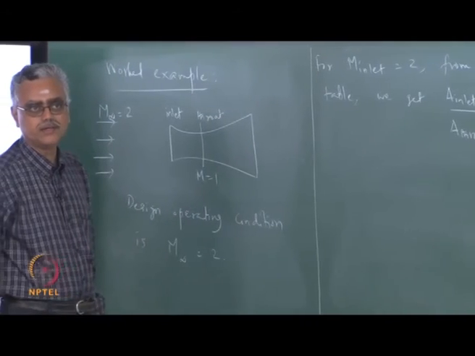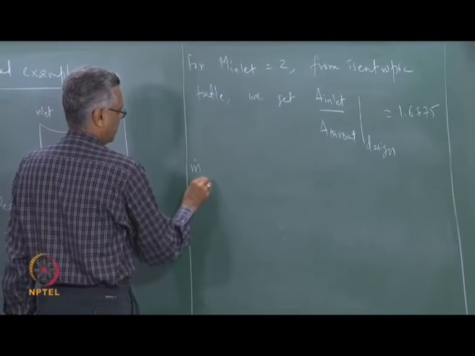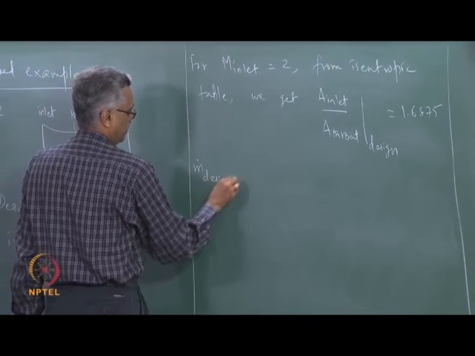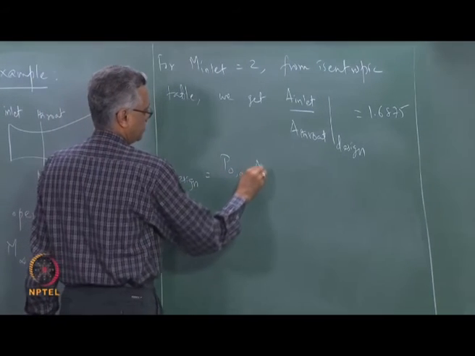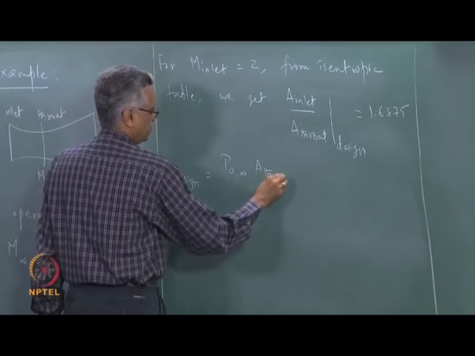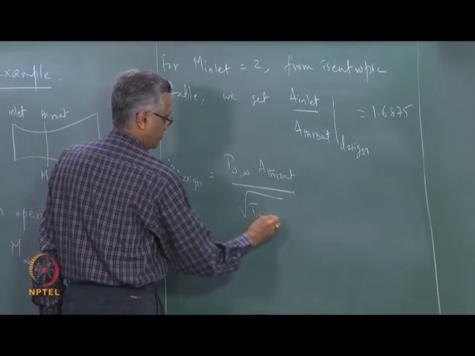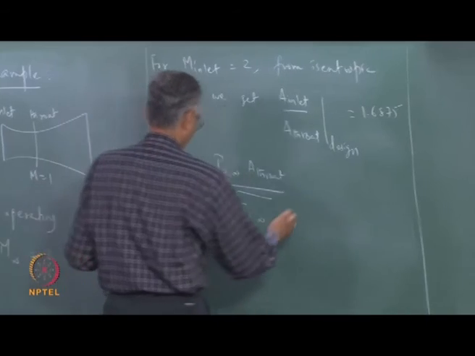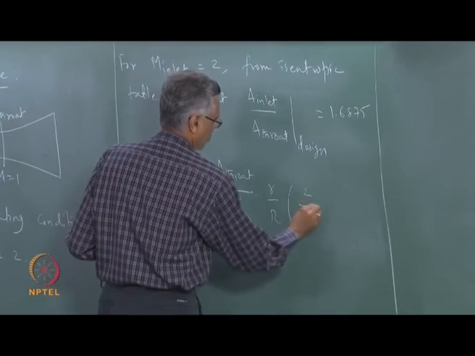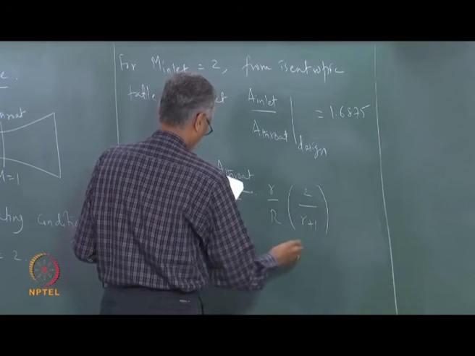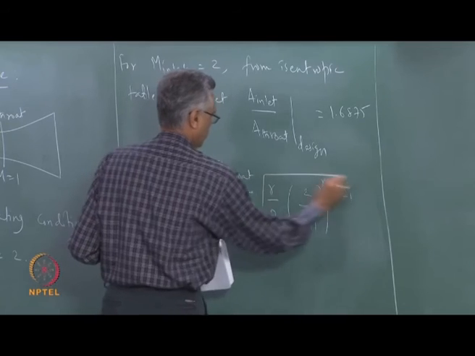The mass flow rate under design operating condition through the nozzle can be written like this: m dot design is equal to P0 infinity times A throat divided by square root of T0 infinity times this quantity, gamma over R times 2 over gamma plus 1 to the power gamma plus 1 over gamma minus 1, square root of that.